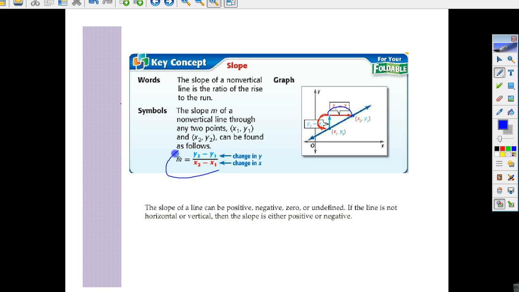So here is now your formula for your slope: y2 minus y1 over x2 minus x1. Okay, so that's how we're going to calculate these slopes. If you have a nice graph, you can actually count the rise and run. But if you don't have a graph and they just give you 2 points, then you can still calculate it by using this equation.